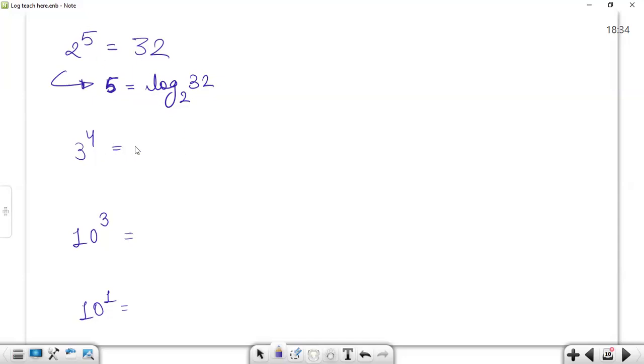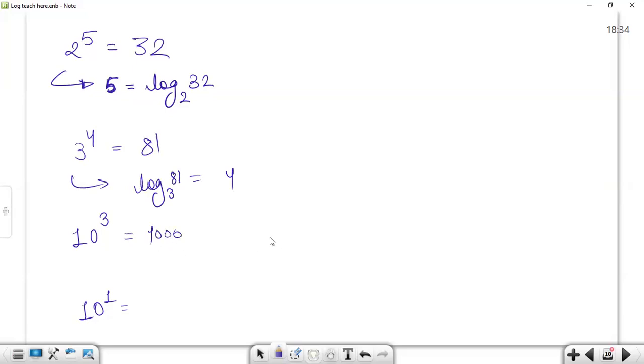Now tell me, 3 raised to power 4 is what? 81. Yes. Now how can we represent it in logarithm form? 4 is equal to log 3, 81. Log 3 should be written where? In the base. 10 raised to power 3 is what? 1000.